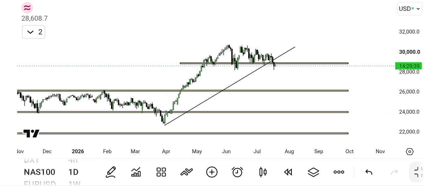Remember, the main reason I was trying to sell this is not because of the direction. No, this is just a midterm selling opportunity. I just understood price action, and this is a clear price action, and I decided to sell the market. The overall direction of this market, don't get me wrong, is bullish.